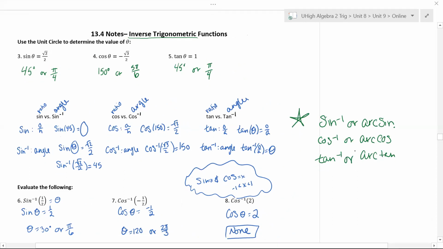These are all the same things. These are equivalent. It just depends on where you're seeing it, whether they're going to use that inverse notation or the arc notation. So if you do see somewhere that it says arc tangent or arc sine, they're just saying inverse.